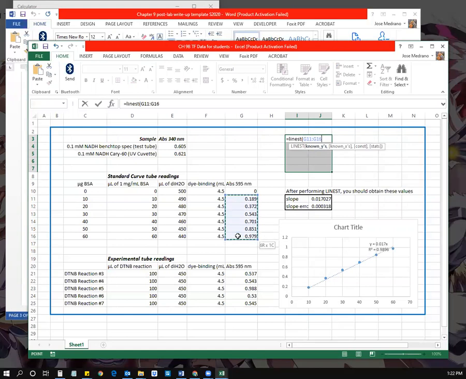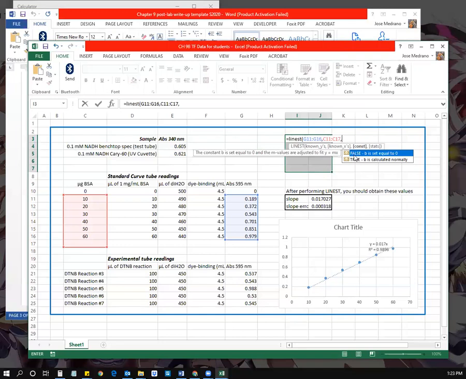I'm going to highlight my known y values, put a comma, and then highlight the corresponding x values as well. For the constant, what we want to do is essentially have this be false.